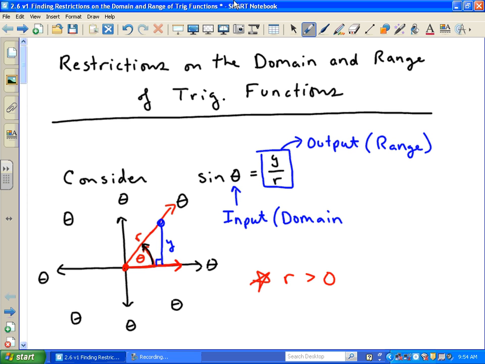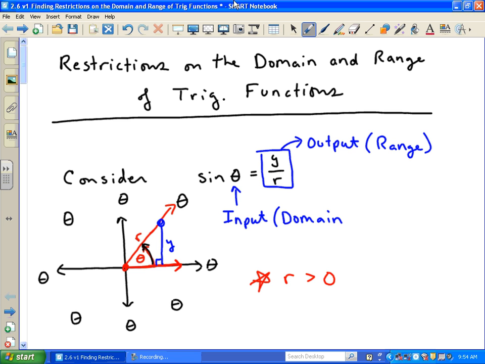So there's no problem with theta equaling 0. Think about for a second theta equal to 90 degrees. If theta were equal to 90 degrees, then y is any real number value along the positive y-axis, and r is positive.